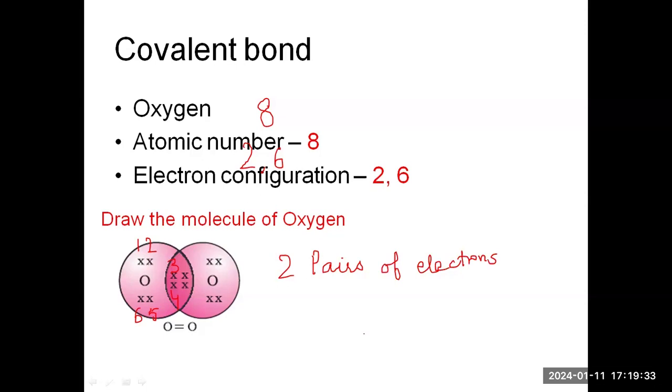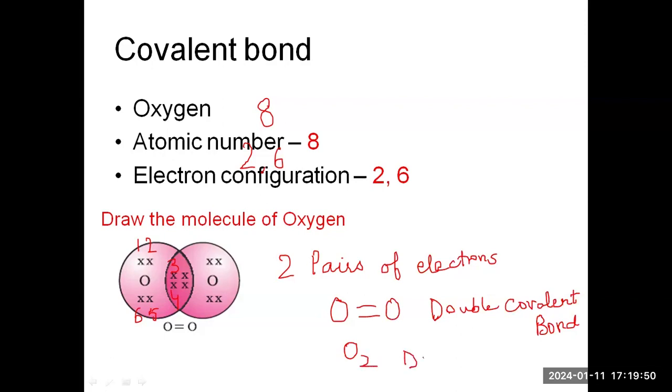Because two pairs of electrons are shared between them, it has got a double covalent bond. This is a double covalent bond, right? And we write oxygen as O2. So this is also diatomic.